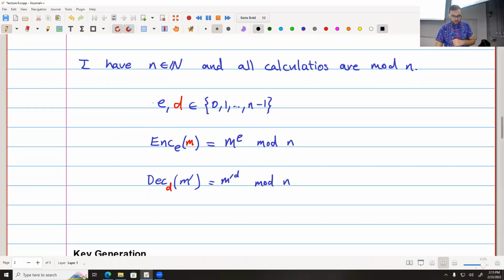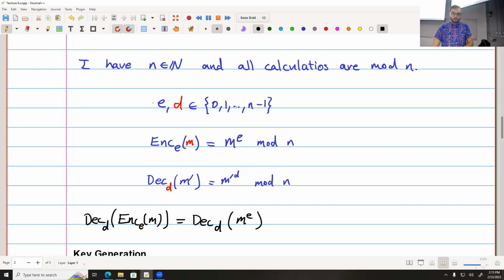So if I first do encryption on a message M, using my encryption key, and then I decrypt the result using my decryption key, what is the result of this? This is just the decryption using D. Well, the encryption of M was M to the power of E, right?